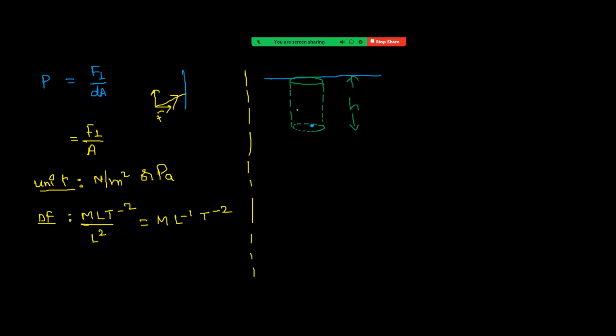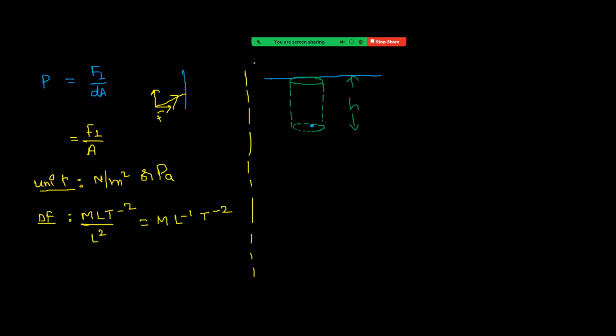The liquid above exerts a force on this base downwards and the liquid below exerts a force upwards, and the sum of these two is equal to 0. That means the net force acting on this plane is 0, but the pressure is not 0.